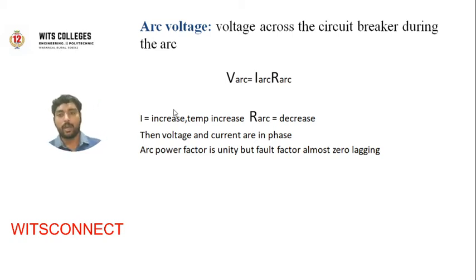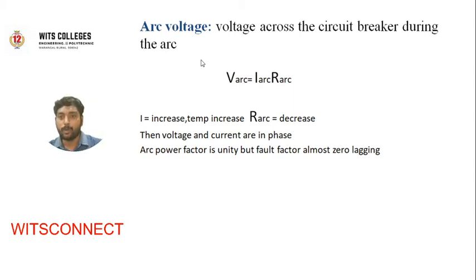Arc voltage is equal to I into Rc, arc current into arc resistance. Here the I is increased, current increase చేస్తాం, అప్పుడు టెంపరేచర్ ఏమవుతుంది? ఇంక్రీజ్ అవుతుంది. అప్పుడు R ఏమవుతుంది? డిక్రీజ్.